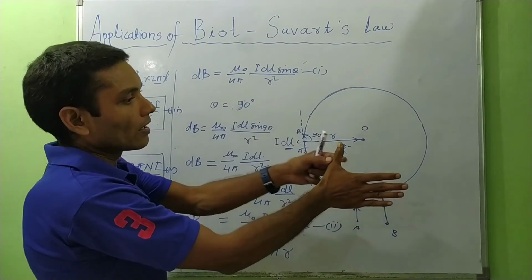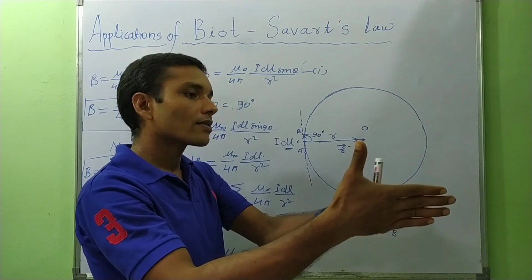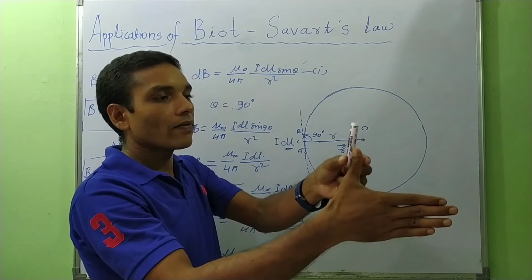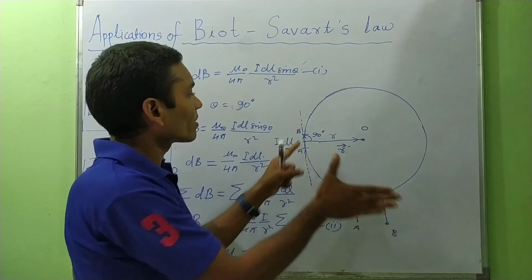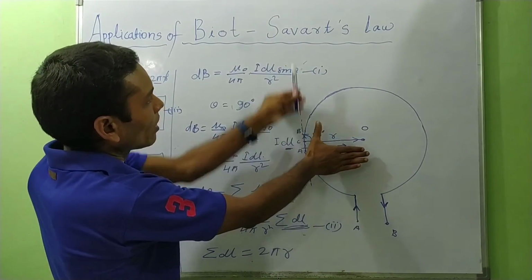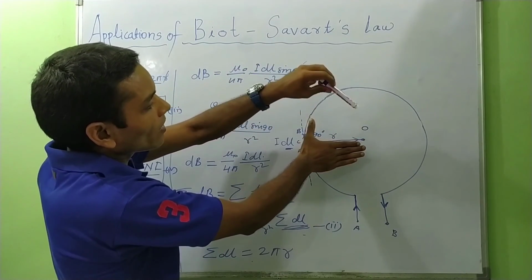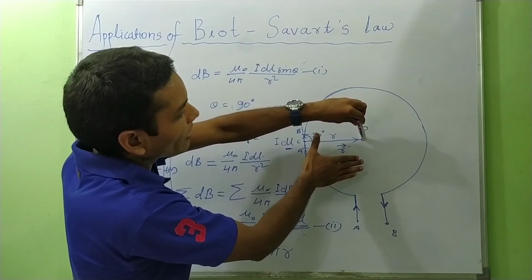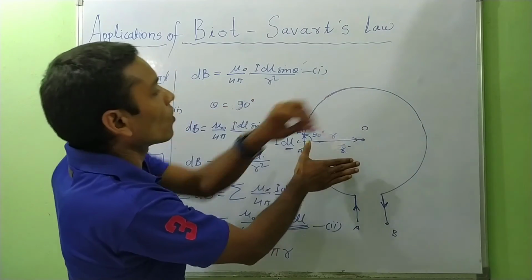You know, stretch your thumb and fingers such that these are perpendicular to each other. Then the thumb shows the direction of current, you can see here, this is the direction of current along this direction, and the fingers show the point where we have to find the magnetic field. These fingers show the point O.